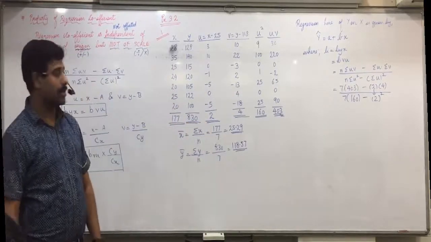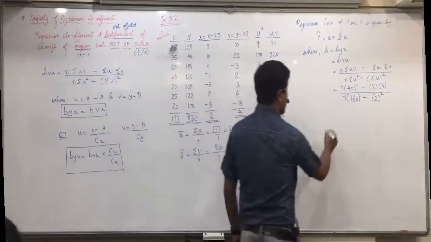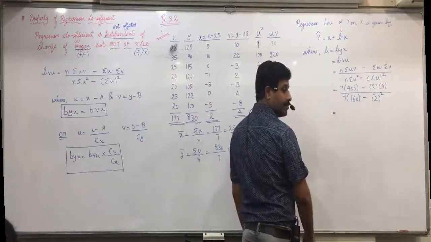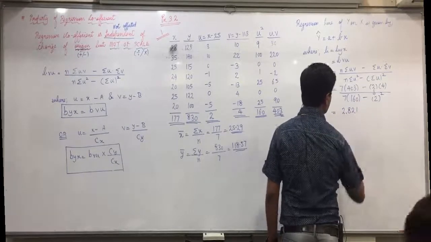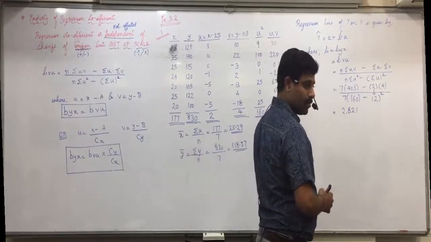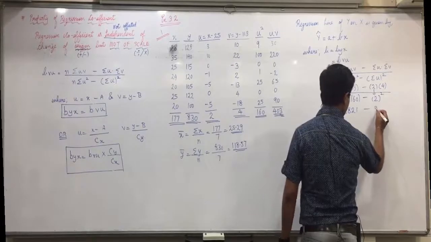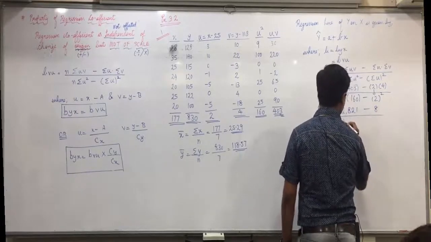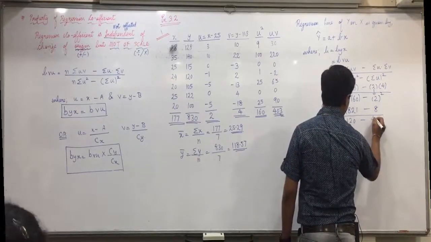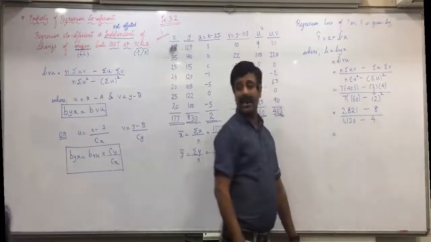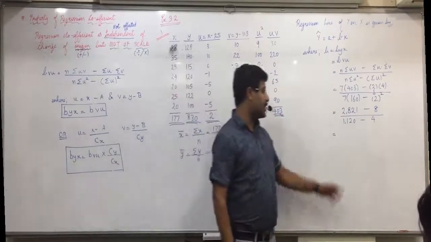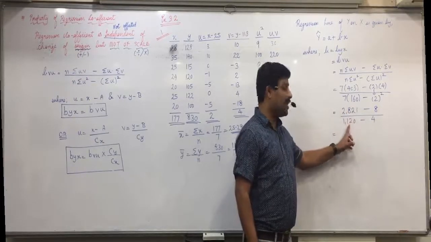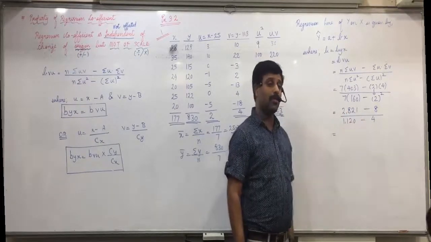Understood that? Sit down. David, 2821. 2821 minus 8 upon 1120 minus 4. 7 into 403 is 2821. 2 into 4 is 8. 7 into 160 is 1120 and 2 square is 4.